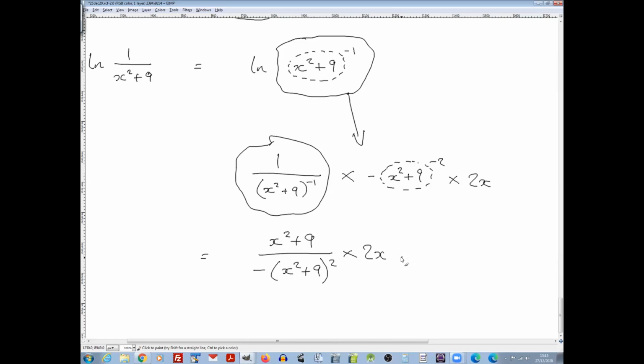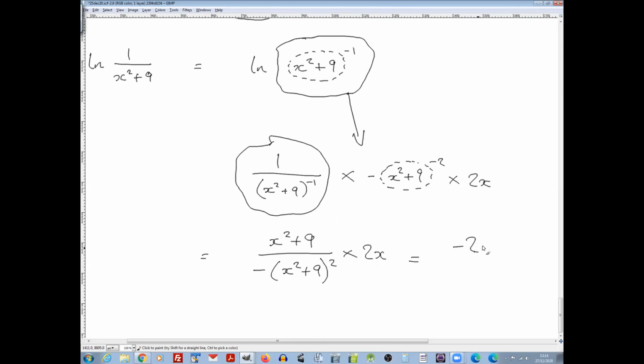Yes, so it's 1 over the negative of that. Well, the negative in a fraction can go in the bottom or top, or at the front, even. But let's put it on top on this occasion. So we're just going to have minus 1 over x squared plus 9 times 2x. The 2x could go and sit on top as well, couldn't it?